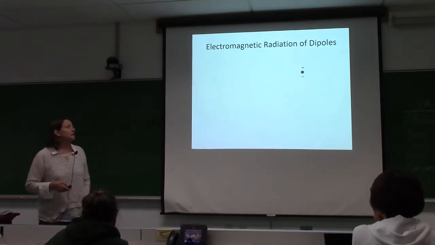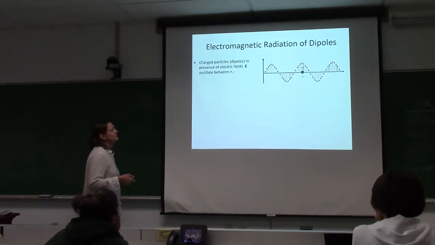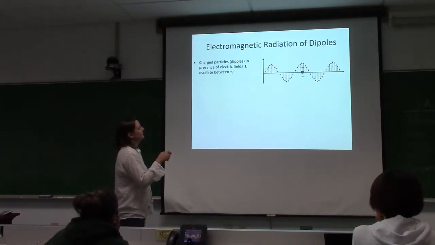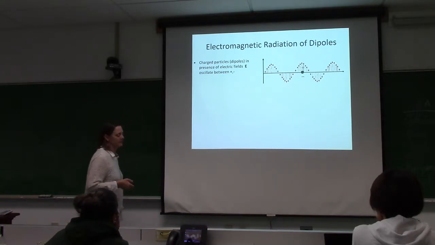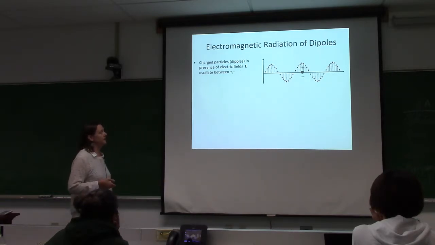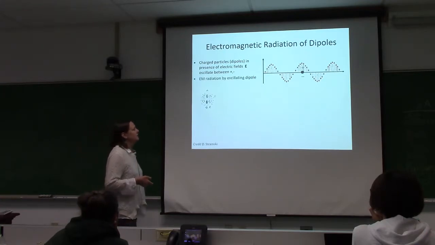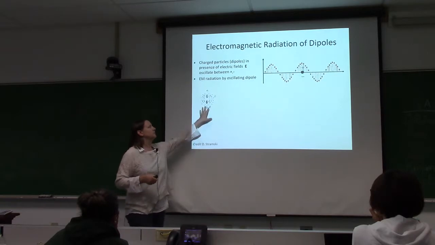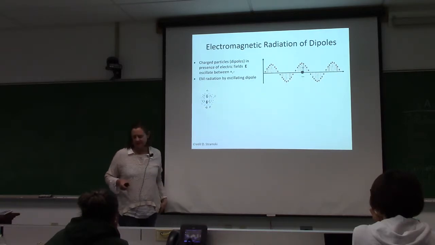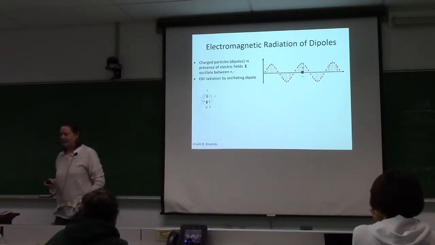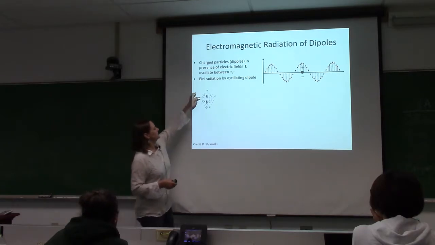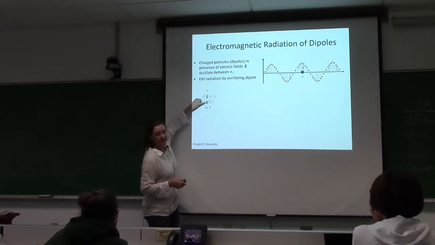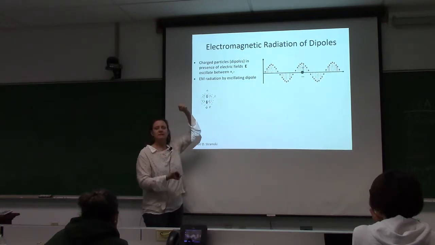So if we think about a dipole and you put that dipole in the presence of an electric field, it's going to oscillate. I got these really old pictures from my friend Darius, but I think they're interesting if I can orient you to them. This is the plus, this is the minus, and these little arrows show the oscillation.